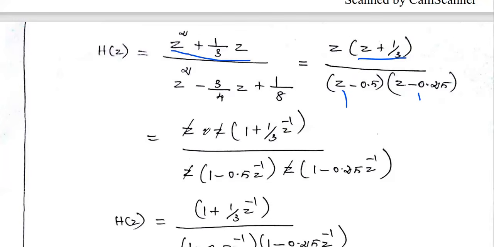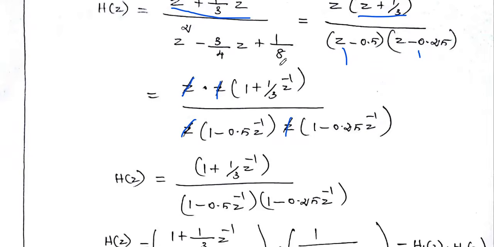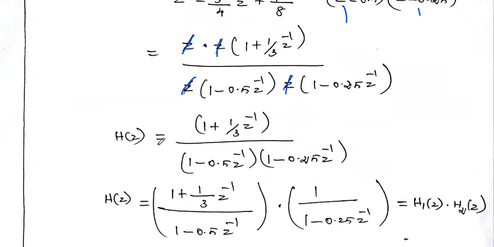Already in the numerator there is a z, so this z cancels, and similarly the other z's cancel. So the remaining term can be written as H(z) equals (1 plus 1/3 z inverse) divided by (1 minus 0.5 z inverse)(1 minus 0.25 z inverse). Okay, this is the H(z).